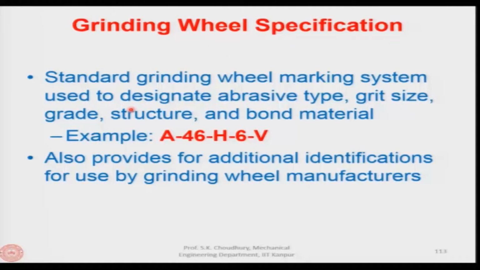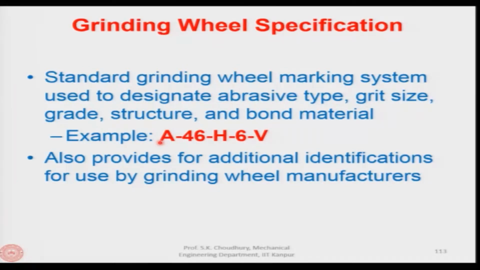So, the grinding wheel specification, a standard grinding wheel marking system, is used to designate abrasive type, grit size, grade, structure and bond. All right. So, here we can see that this is the abrasive type, this is the size of the abrasive grain, this is the grade, this is the structure and this is the bond.